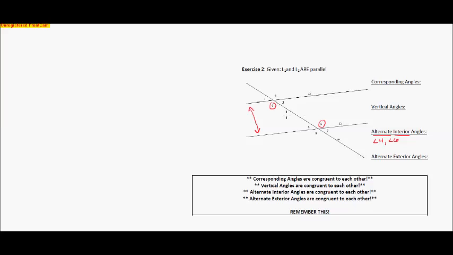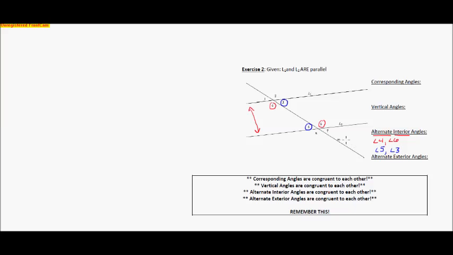Also, I can switch over to blue here. I could have this pair of alternate interior angles. Again, I'm on the interior of the parallel lines, and I'm going to alternate to the other side of the transversal. So angle 5 and angle 3 are alternate interior angles. They're a pair.